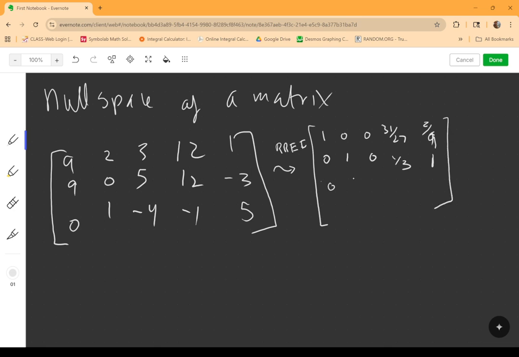And then 0, 0, 1, 1/3 and negative 1. We can see that these are our pivots, alpha 1, alpha 2, alpha 3. And then these are going to be our free variables, alpha 3, alpha 4, alpha 5.